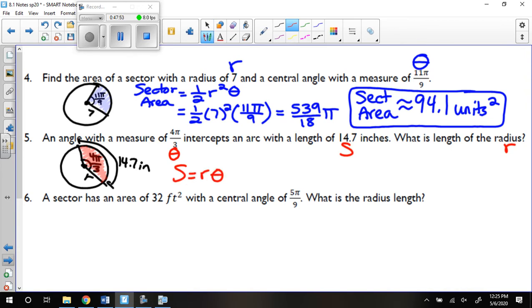Okay, so we've got S equals R theta. We're going to plug in. Got 14.7 equals our radius, which we don't know, multiplied with theta, which is 4 pi over 3. Okay, I'm going to divide by 4 pi over 3.